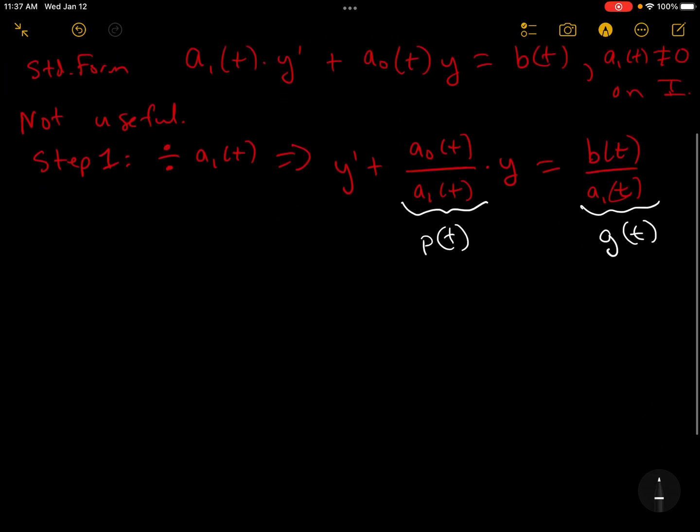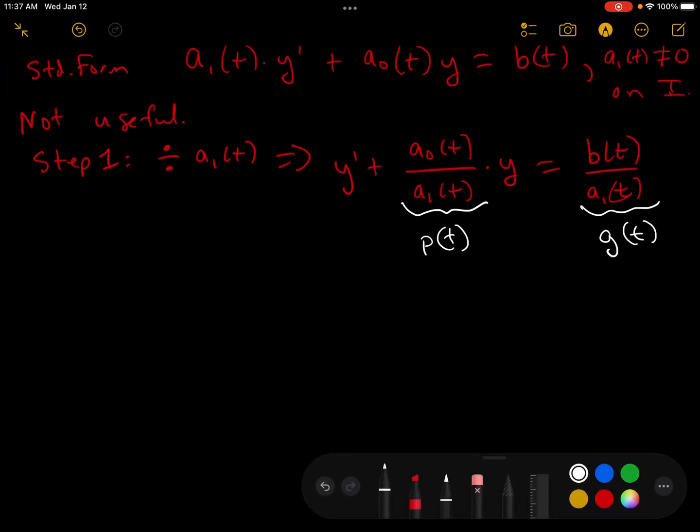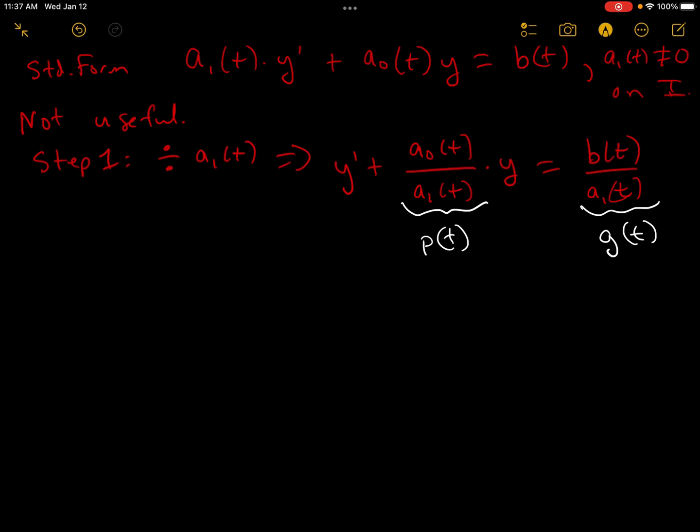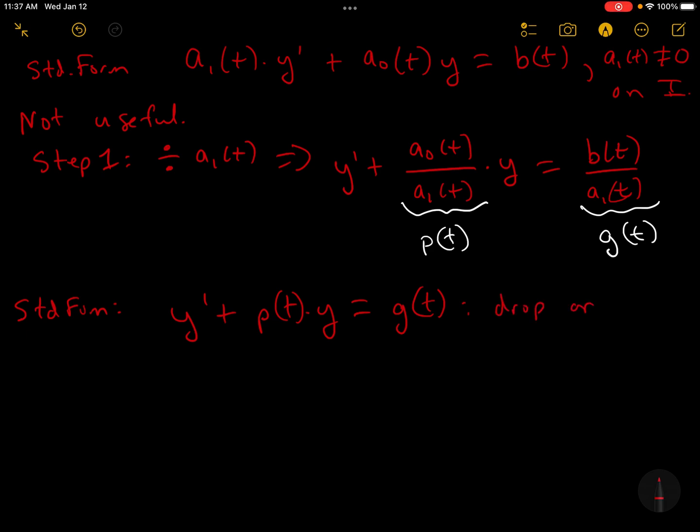So now our standard useful form is this: y prime plus p of t y equals g of t. For the theory I'm about to present, we're going to drop the arguments. It's just less writing and cleaner, and so we have y prime plus py equals g.